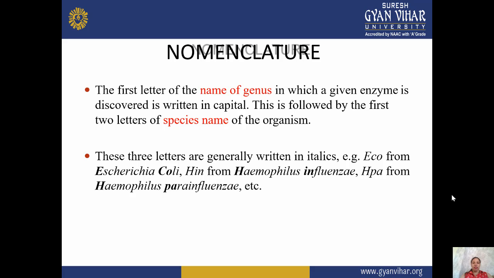So how can we name the endonuclease? The first letter of the name of the genus in which a given enzyme is discovered is written in capital. There are a number of enzymes which are used as restriction endonucleases, not just one. So the first letter of the name is from the genus from which the enzyme is discovered, the genus of that bacteria or virus.